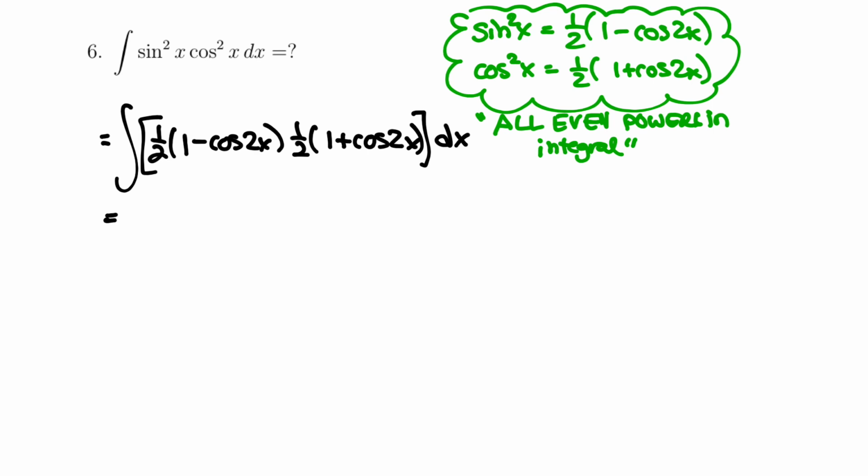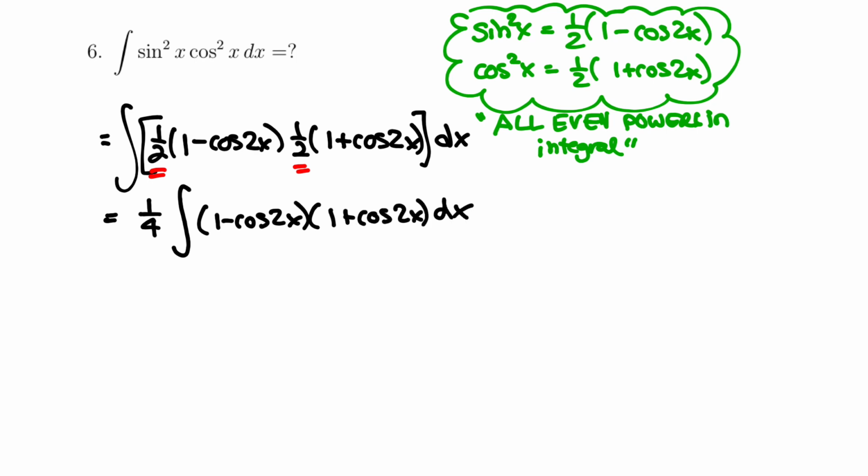Okay, so let's see, Anna, to answer your question. I'm not sure what question you have, but I'm going to do this first. I'm going to take 1/4 and just pull it all out for a minute. Then I'm left with 1 minus cosine 2x times 1 plus cosine 2x.